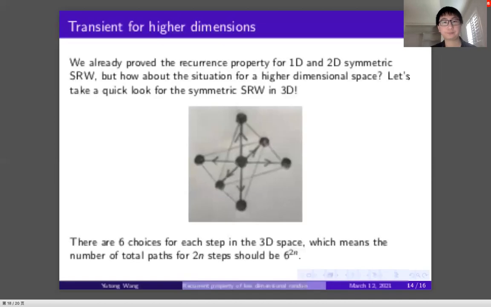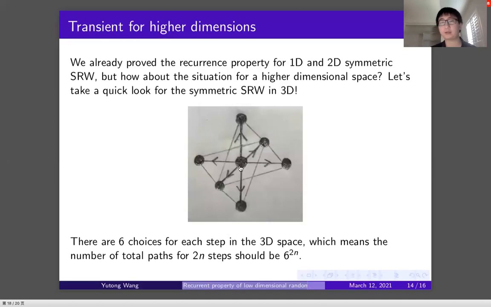How about the transient property for three dimensions? As you see, we assume a bird flies through three-dimensional space, and each time it has 6 choices. If we assume there are 2n steps, the total paths will be 6 to the power of 2n.